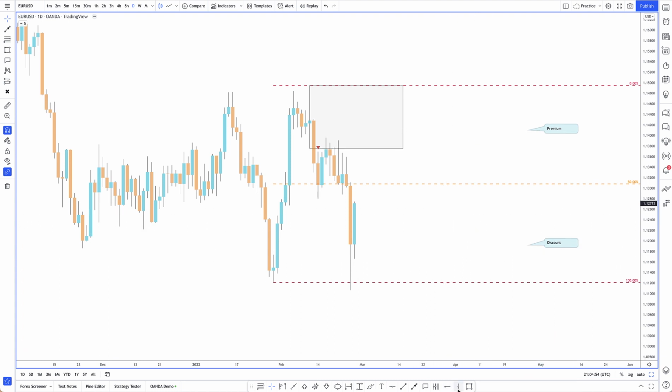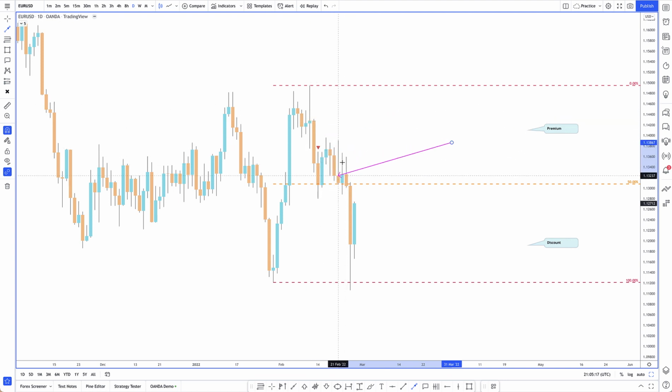And once you have drawn this range, then you know that any selling opportunity up here is going to be a better opportunity than a selling opportunity over here. On the other hand, any buying opportunity here would be a better opportunity than a buying opportunity over here.